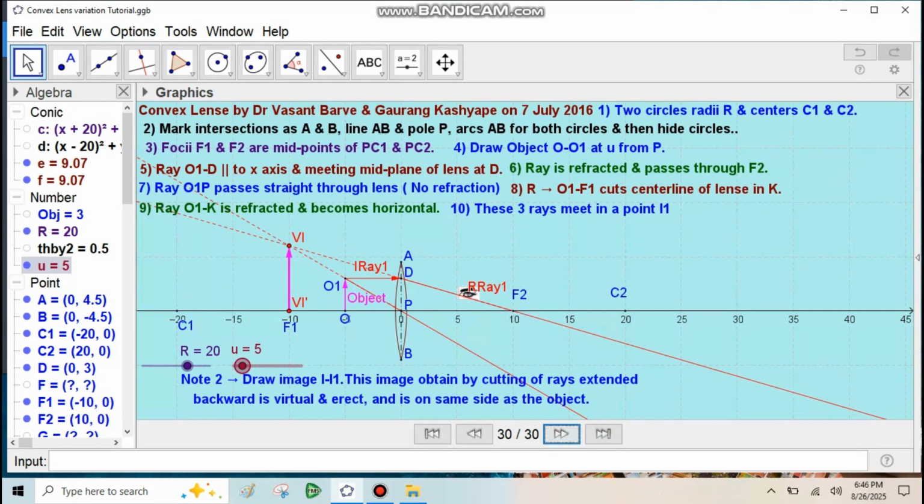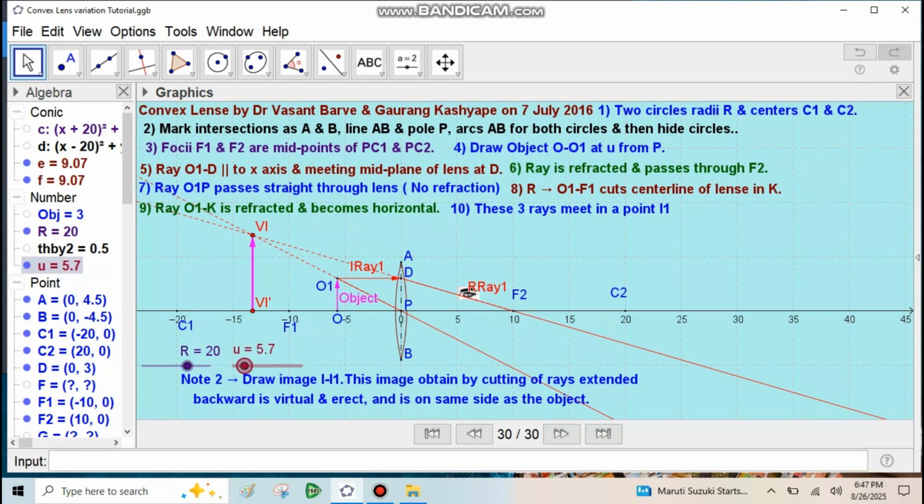That means rays are in the backward direction. So we are just extrapolating these lines, and that is why this particular image is a virtual image. Where the real rays meet, we get a real image. Where the extended rays meet, you get a virtual image. So see, this entire variation can be done. And this is what you use this convex lens for: magnification.